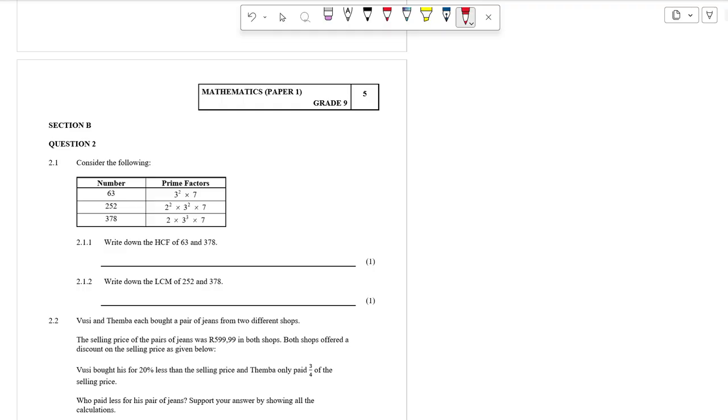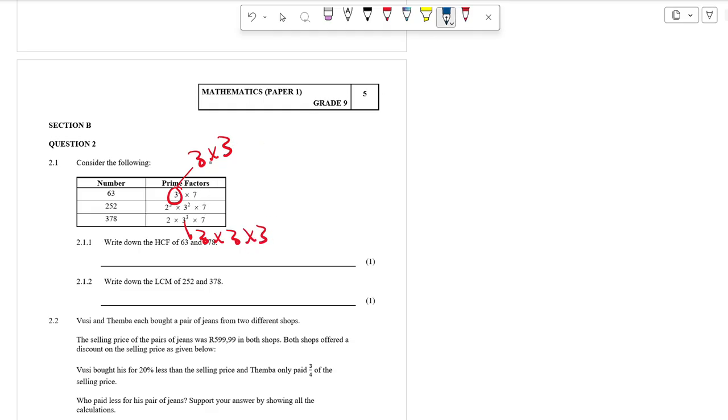Okay, so it's simple. HCF. Let me expand here. This 3 squared simply means 3 multiplied by 3. Even here, this 3 cubed simply means 3 multiplied by 3 multiplied by 3. So do you know when you look for highest common factor?